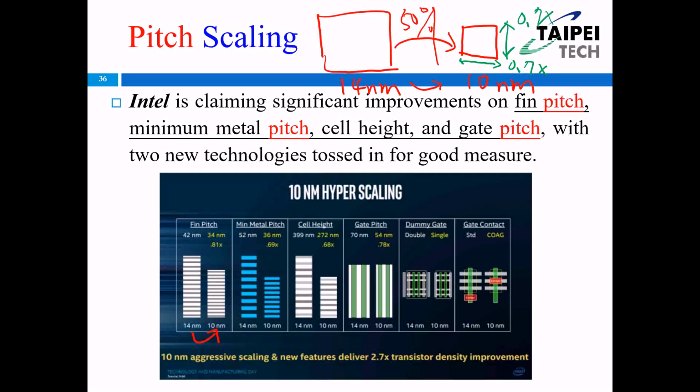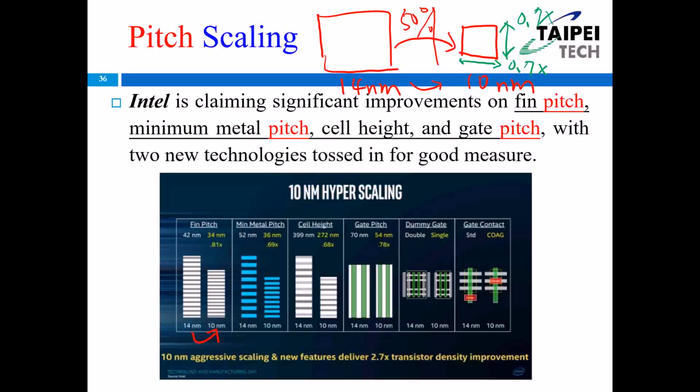So right now you see, due to Moore's law, the length and the width must become 0.7 times compared to the original one, okay? So you know, 14 nanometer, while the next generation chip, we call it 10 nanometer. Why does Intel call it 10 nanometer?